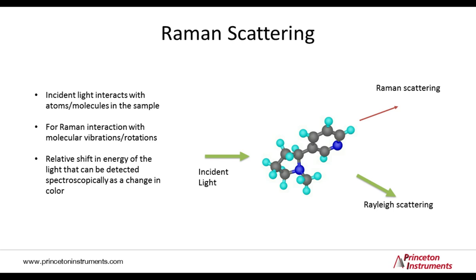In any case, the energy change relative to the laser wavelength of the photons can be spectroscopically detected as a color change, and it is characteristic of the sample that is being investigated. The Raman process itself is non-destructive and does not require direct physical contact to the sample.